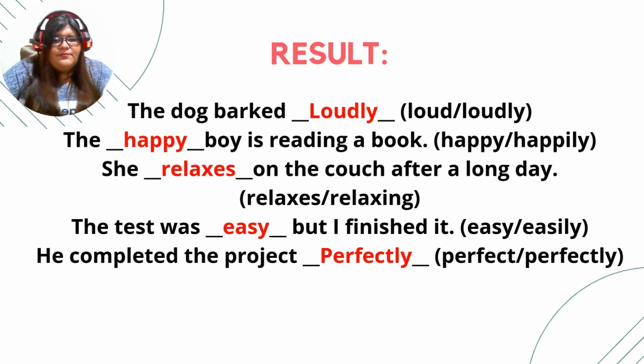It couldn't be perfect because I am modifying the verb. I'm giving a description of how the verb happened. I am saying he completed the project perfectly. It's grammatically incorrect to say he completed the project perfect. That is not possible.